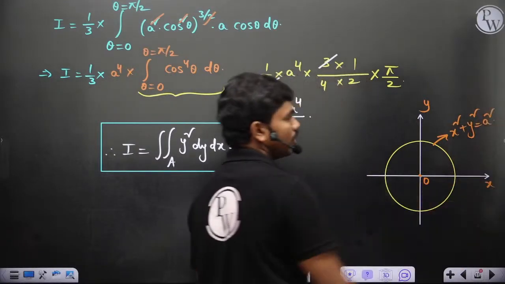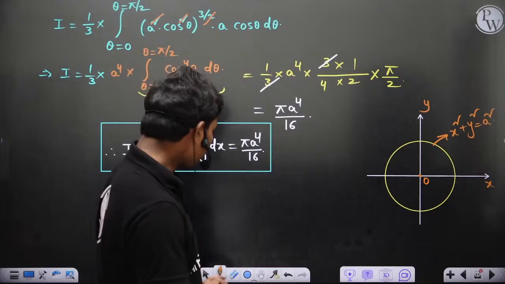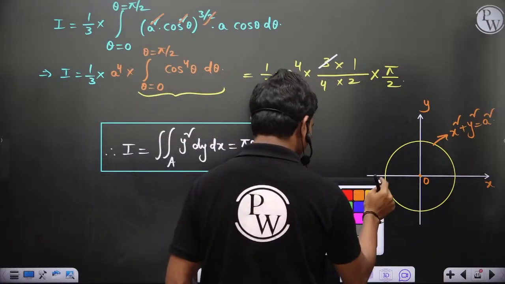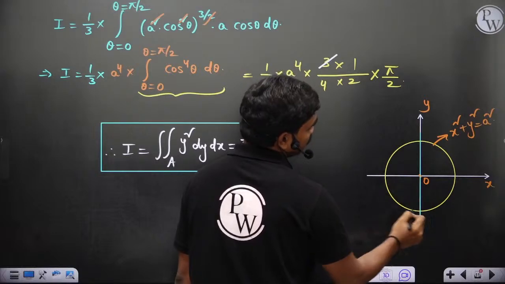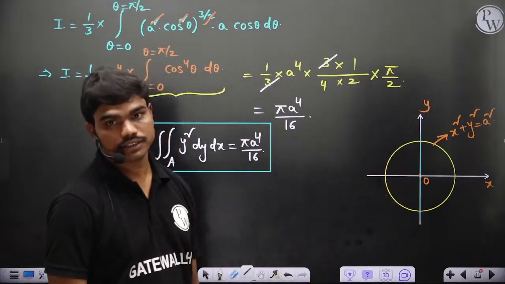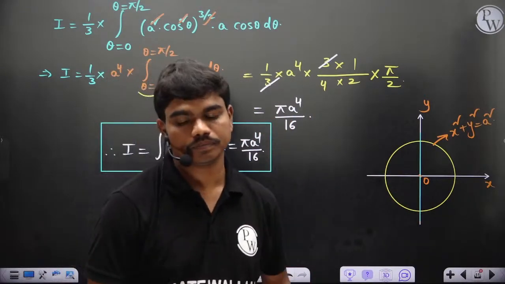If this is a circle of radius a, then what would be the moment of inertia of this circle about this y axis? Does someone have any idea?